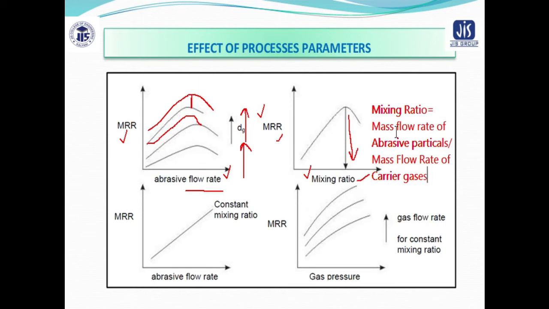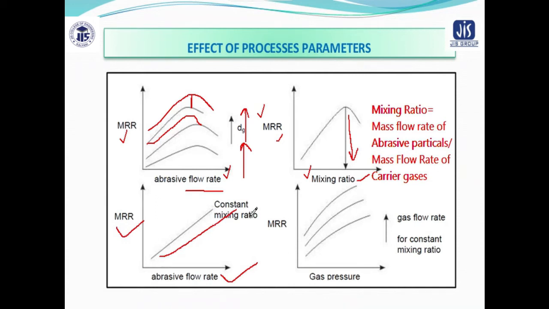Now we will be discussing the abrasive flow rate for MRR. The material removal rate can be improved by increasing the abrasive flow rate. As you can see, if I want to increase the material removal rate, then I have to increase the abrasive flow rate. From here you can see, as we increase the abrasive flow rate, the MRR is also increasing.